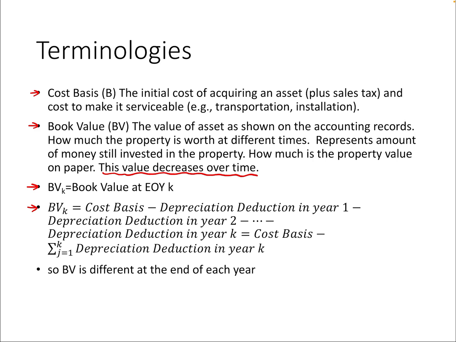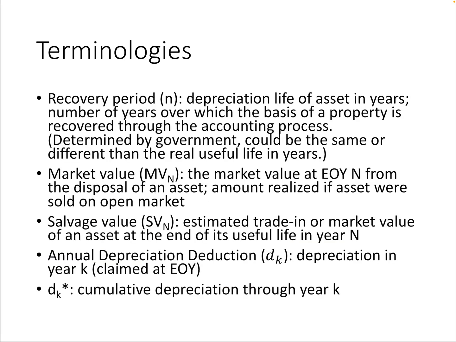It's just to use the cost basis, the initial cost, minus the depreciation deduction in each year, okay, until the year K, which you're interested in. So it's B minus D1 minus D2 minus D3 until minus DK, okay? Or you can say it's the B minus the sum of the depreciation deduction in all the K years. So BV is different at the end of each year.